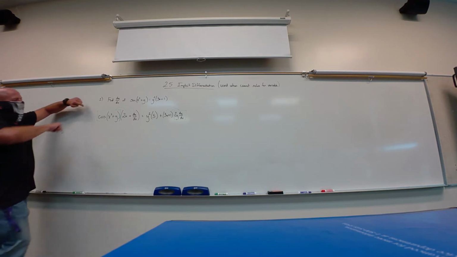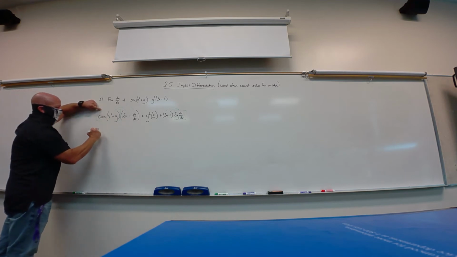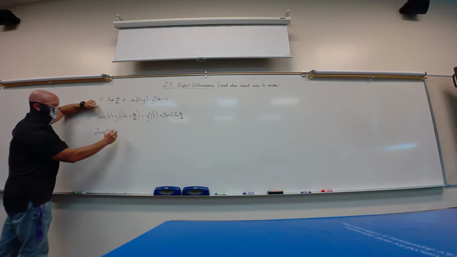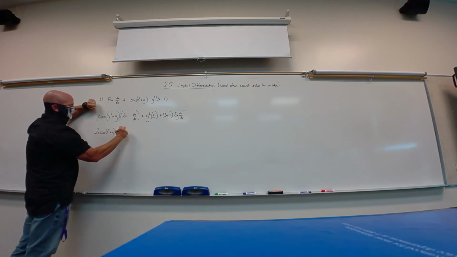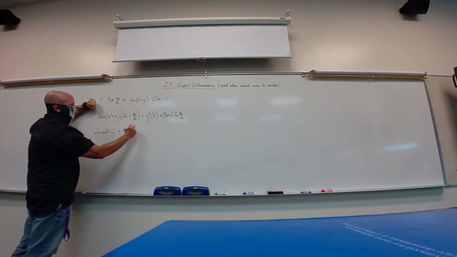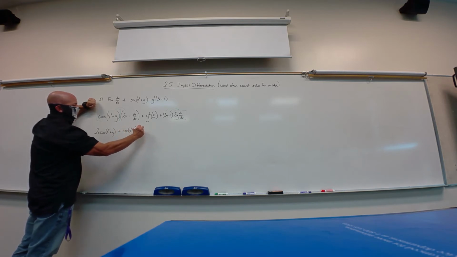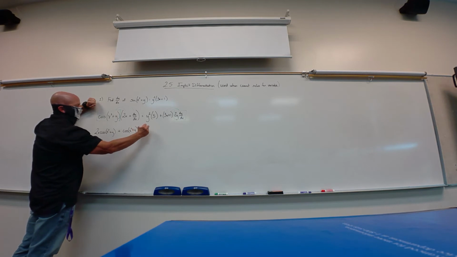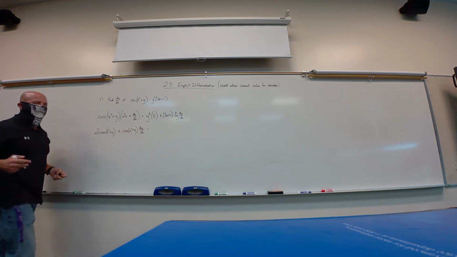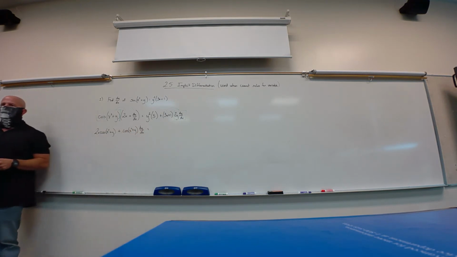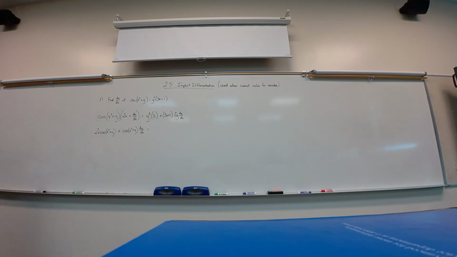So here's my distributive property. I'm going to have 2x cosine x squared plus y, this times the 2x, plus cosine x squared plus y dy dx. And it does not matter if you put the dy dx at the front or the back. I'm just used to putting it at the back. So I distributed the cosine.